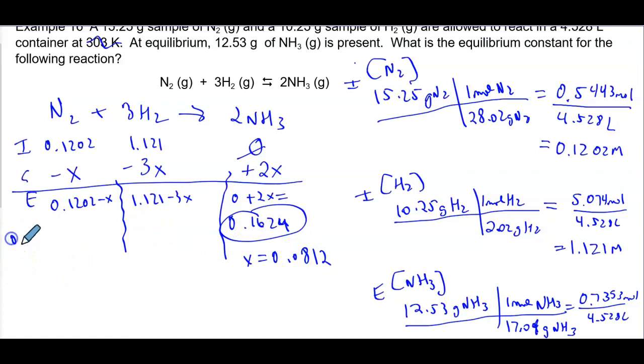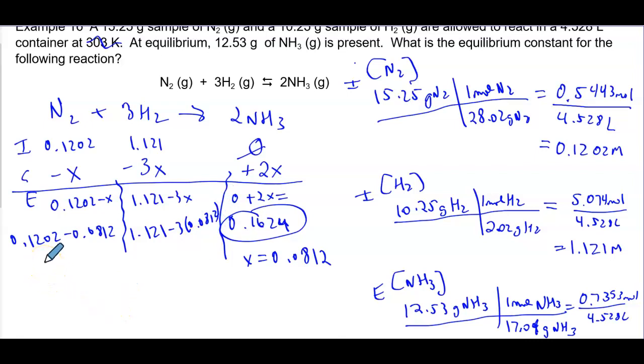So now 0.1202 minus 0.0812. Let me try that again. I miswrote and misspoke. Okay, so this is going to be 1.121 minus 3 times 0.0812.